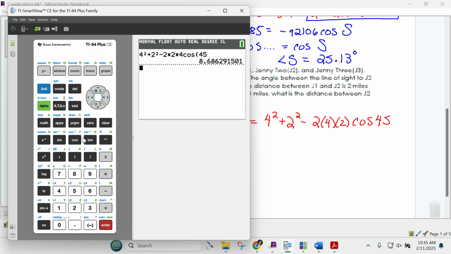Okay, that is x squared. So I'm going to square root the whole answer and get 3 miles, or 2.95 miles.